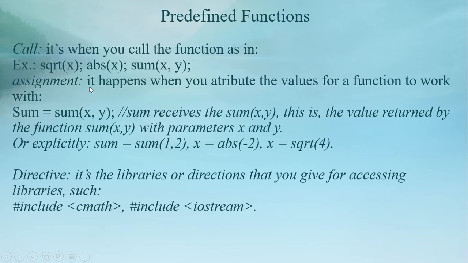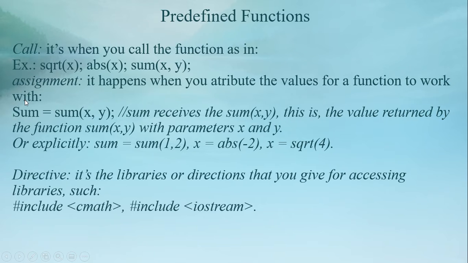And what's an assignment? It happens when you give the values to a function to do some operations. With sum, in this case, we are assigning the returned value of this function to this variable. It's better for the returned value to be the same type as this variable, because this is a function and this is a variable.